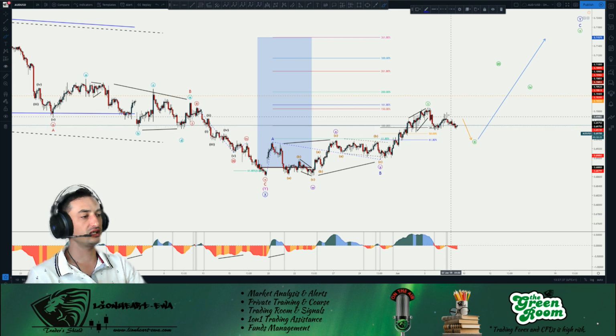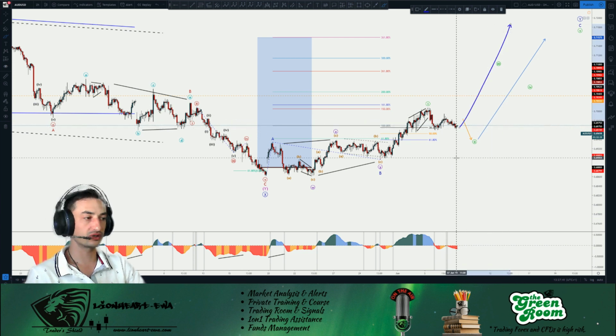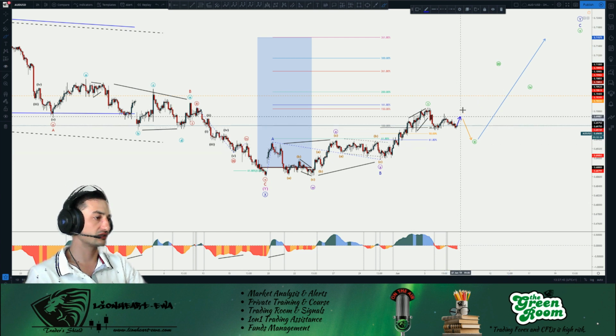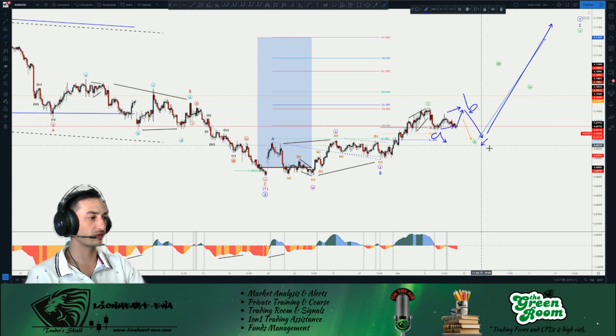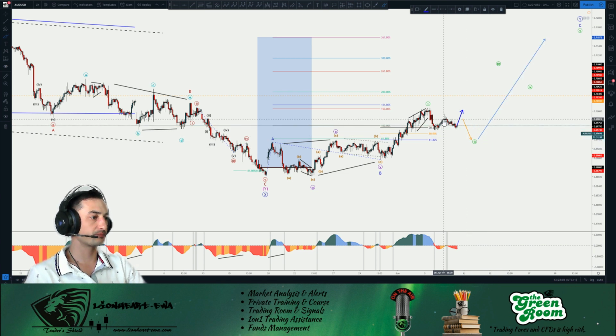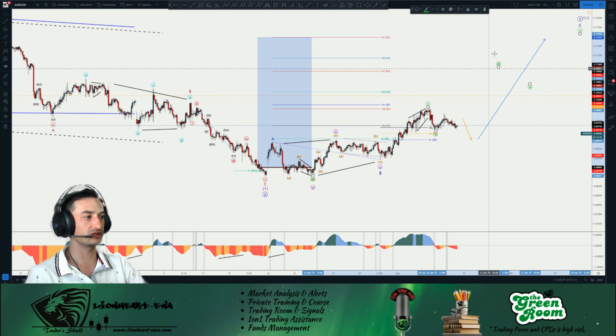So let's say either it goes up from now directly, because it can, or it does this, completes a structure, so we would have an A right there, then a B, and then it traces until the 61.8 right there, and then it goes right here. So maybe it does this, or the wave 2 is actually here and this thing just goes directly on the upside.